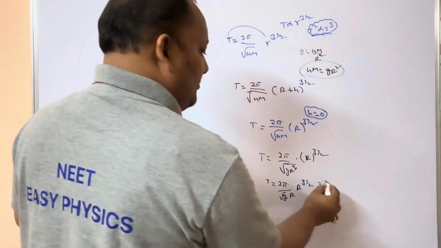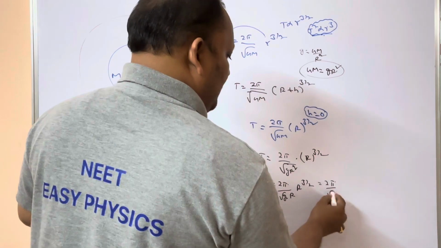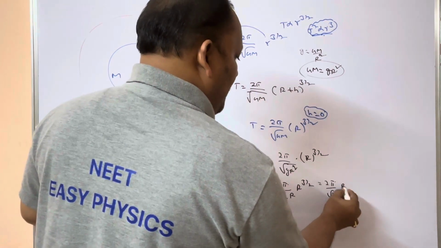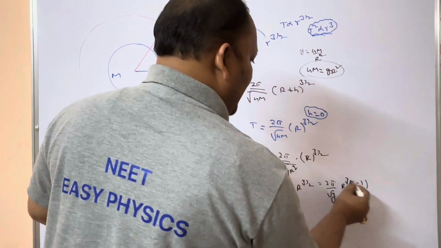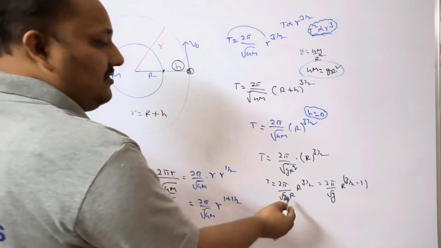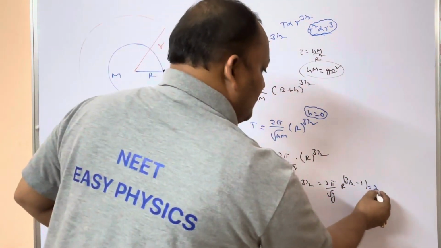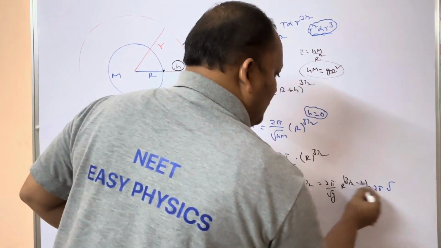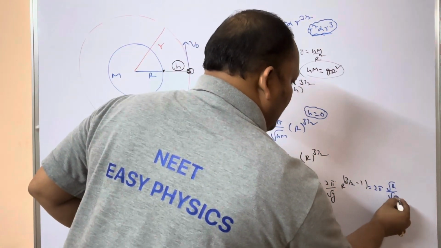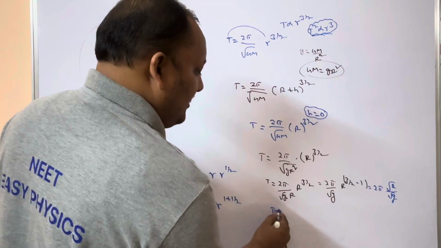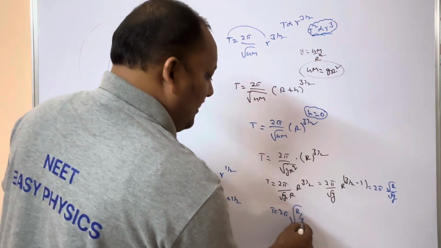If we send it to the numerator, R power 3 by 2 minus 1. So what do you get here? 2 pi root R by root g. So finally, T is 2 pi root R by g.